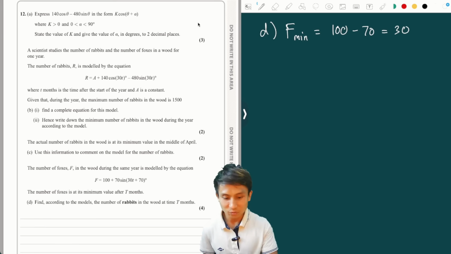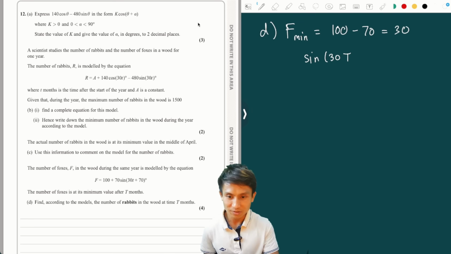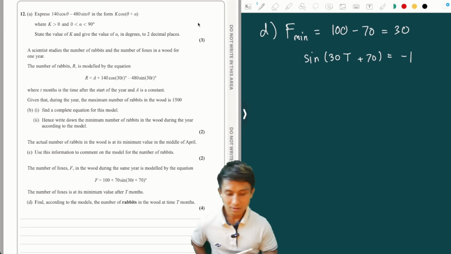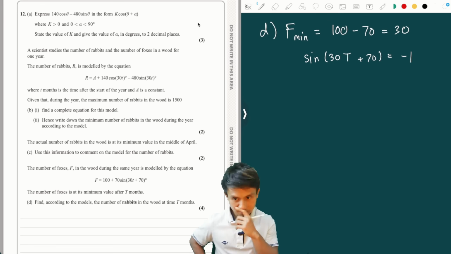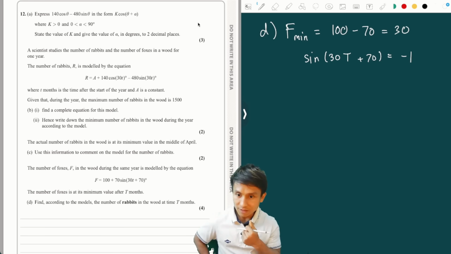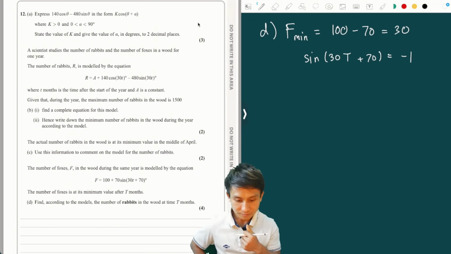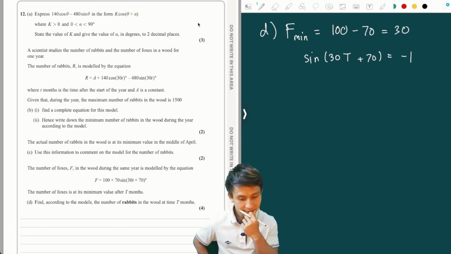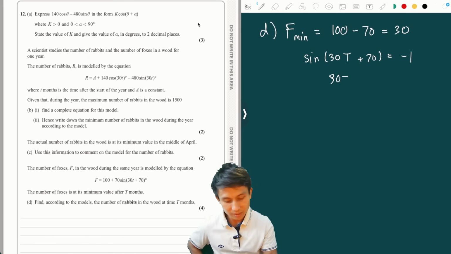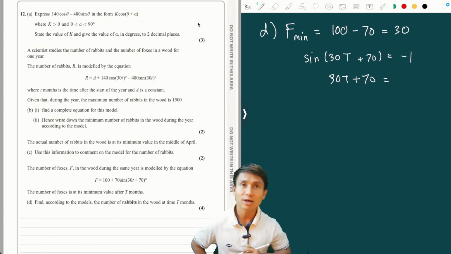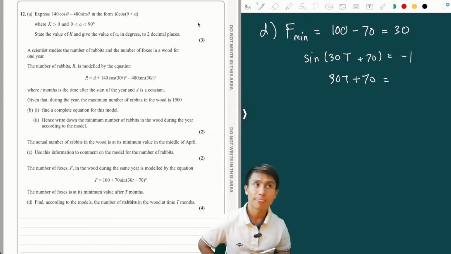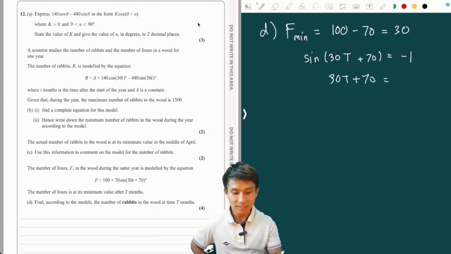And that happens when sine of 30t plus 70 equals -1, right? So to make it -1, the first value of 30t plus 70 to get -1 would be 270, right?